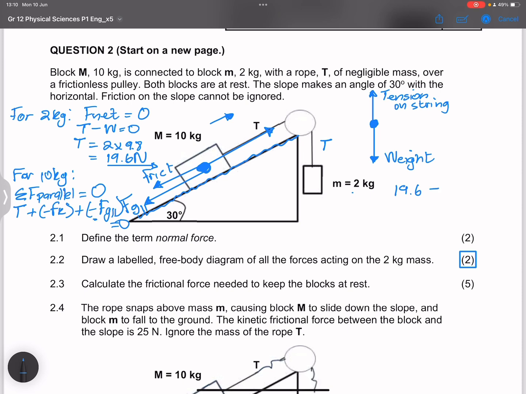Now note, Fg parallel, we know this is mass times gravity multiplied by the sine of the angle of elevation. So this is going to be 10 times 9.8 times the sine of 30 degrees. If you don't know where that comes from, please go and watch my videos on Newton's laws.